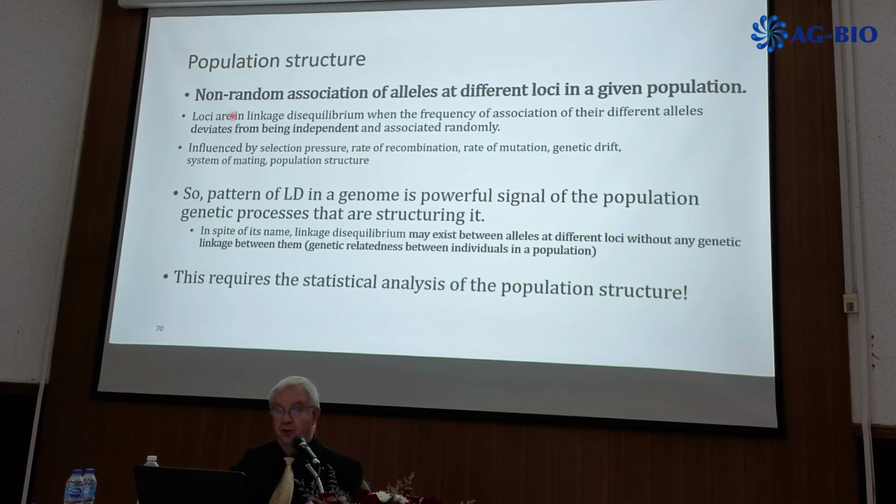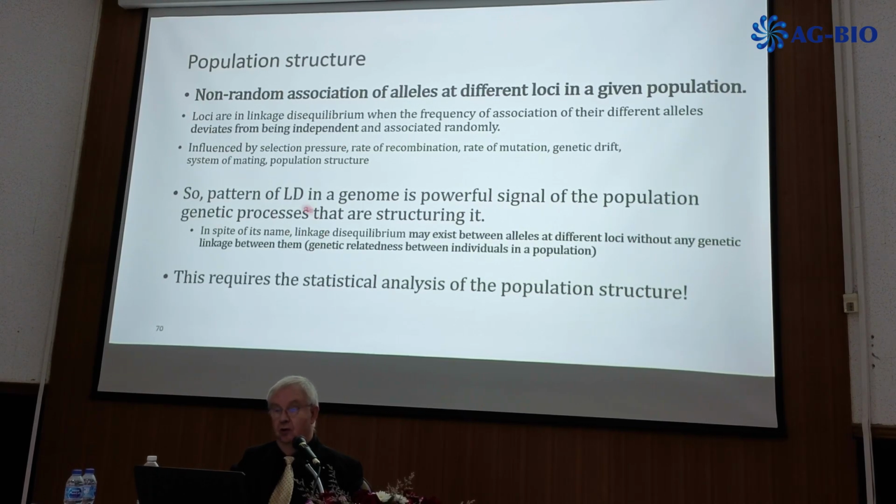So first, about population genetics, I mentioned it is a non-random structure of alleles at different loci in a given population. Loci are in linkage disequilibrium when the frequency of association of the different alleles deviates from being independent and associated randomly.